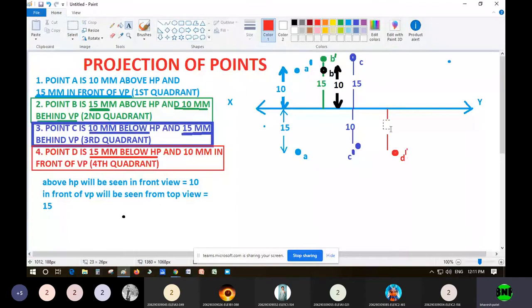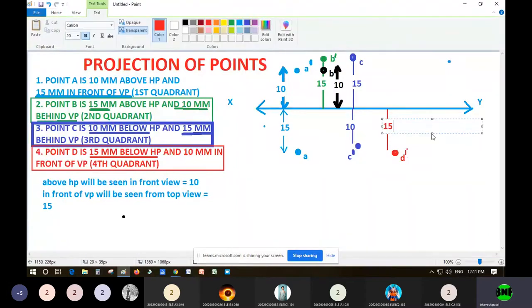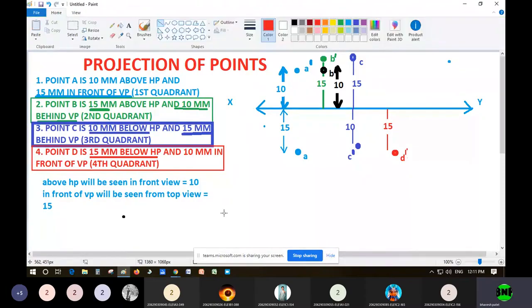Now you can see 10 mm in front of VP, right? So again the same thing will happen, means in front of distance will come down, so I will select some other color. So approximately the point will be here, about 10 mm, right?